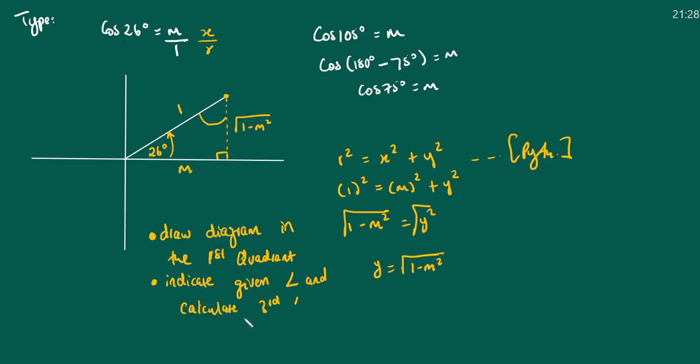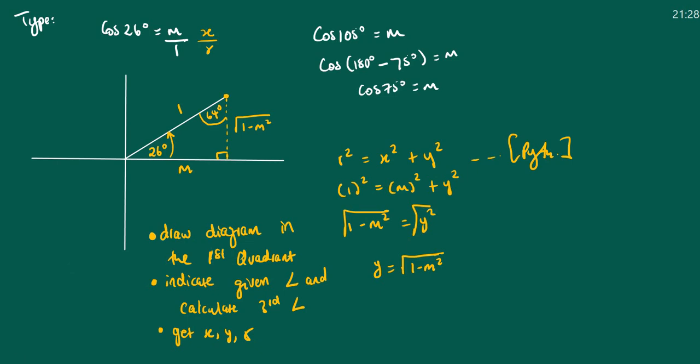Calculate the third what? Angle. And put it there. In this case, you're going to have 64 degrees. I think it should be 64. Calculate it. Then after that, get x, y, and r. Then you're done. So this type of problem is quite simple as compared to the other ones.